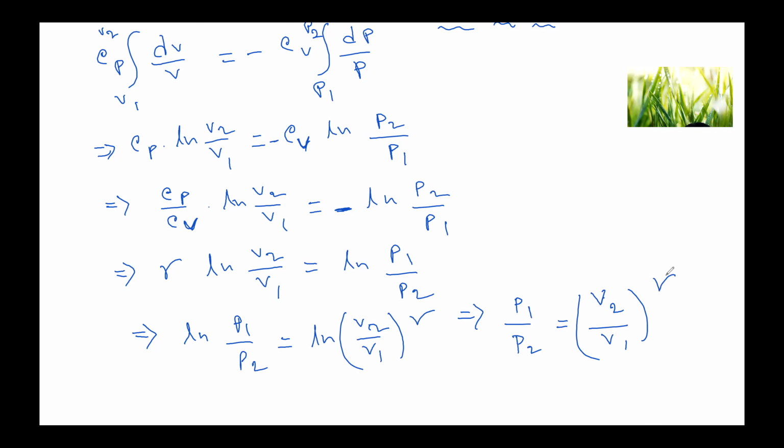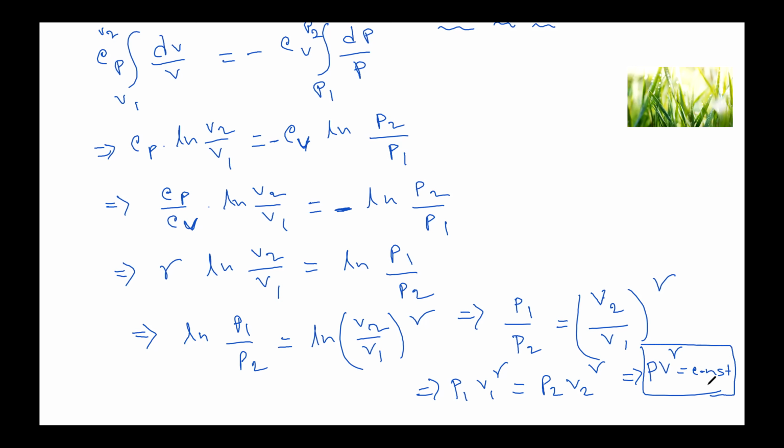So this is the relation between P and V, or P1 V1^gamma is equal to P2 V2^gamma, or P V^gamma is equal to constant. So this is the relation between P and V for a reversible adiabatic process of an ideal gas.